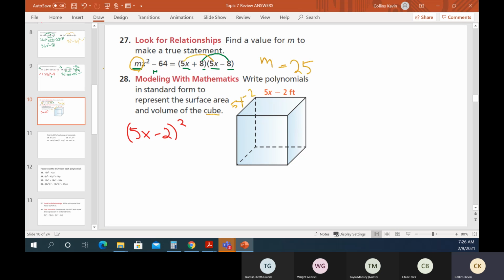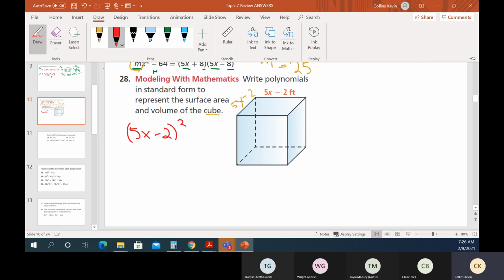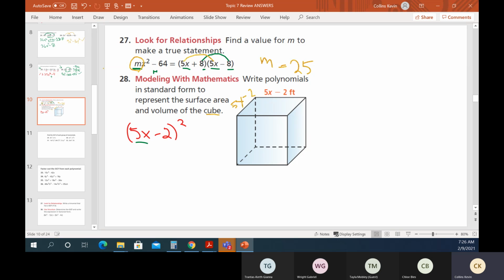Okay, so here's how we can use our pattern, right? So again, we take the first guy and square him. So we square this guy. 5 times 5 is 25. And x times x is x squared. Okay? All right, so then we have minus 2 times minus 2.